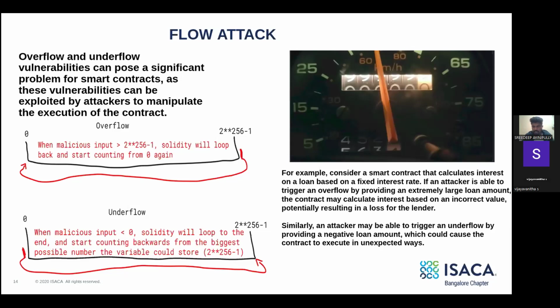If an attacker was able to trigger an overflow by providing an extremely large amount, the contract may calculate interest based on the incorrect value, potentially resulting in loss for the lender. Similarly, an attacker can trigger an underflow by providing a negative loan amount, which could cause the contract to execute in an unexpected way.